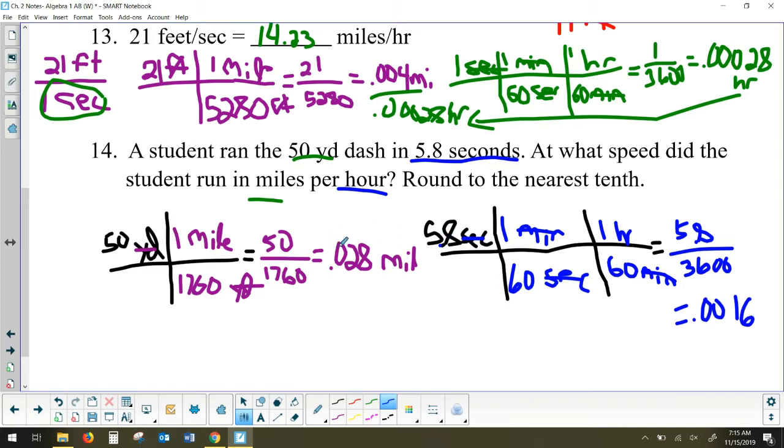So now we need miles. We have miles and we have hours. We need to find miles per hour. So we have to take 0.028 miles divided by 0.0016 hours.